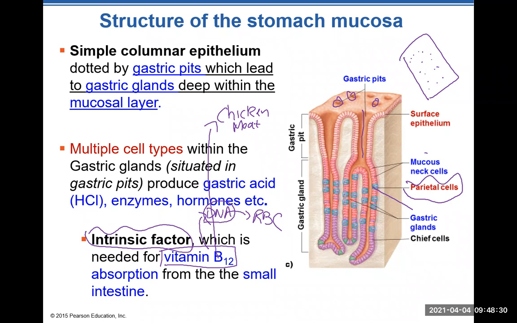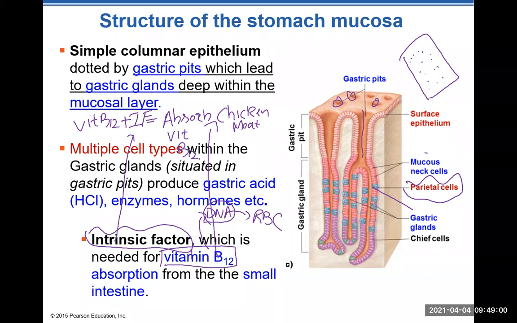But then we said that even if you eat 100 kgs of vitamin B12, it's not going to help you unless you have another protein called what? Vitamin B12 plus intrinsic factor. We did that in the blood chapter. Then only you can absorb the vitamin B12.